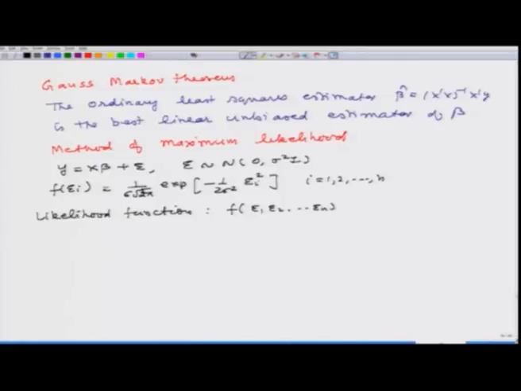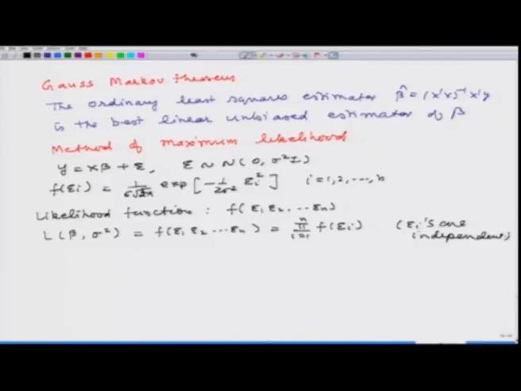We denote this likelihood function as L, which is a function of betas and sigma square. And since we have assumed independence, this is nothing but the product of f of epsilon i, because the epsilon i's are independent.